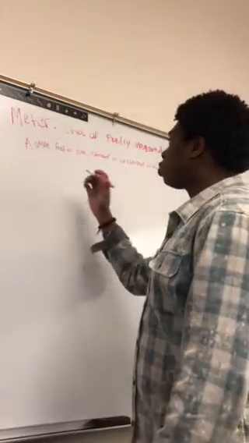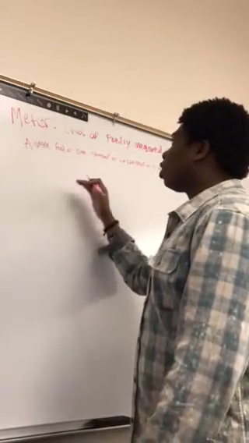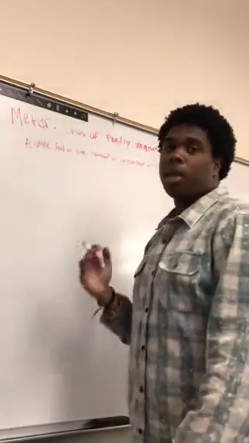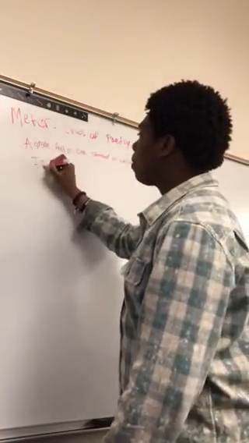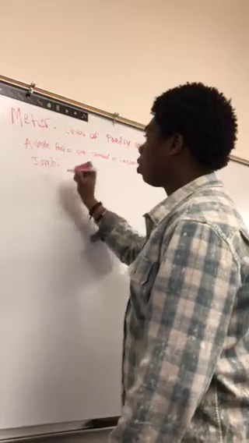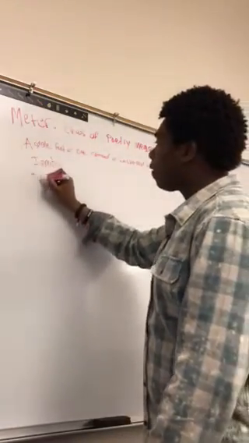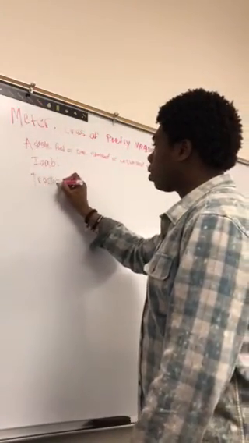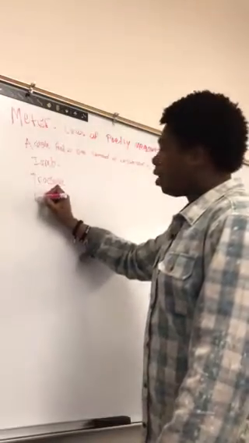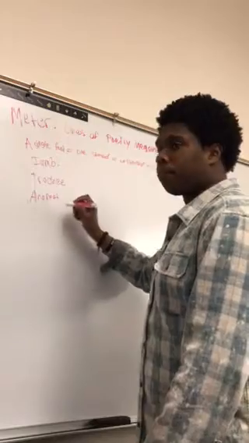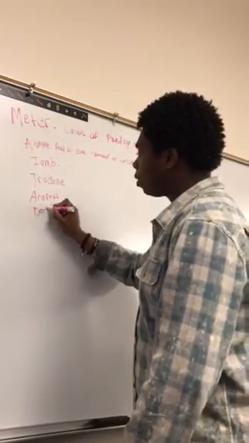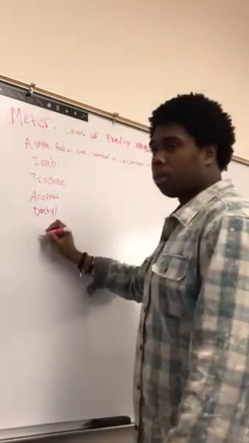So the type of stressed syllables that you can have with your words to make up different types of feet are an iamb, a trochee, an anapest, a dactyl, and a spondee.